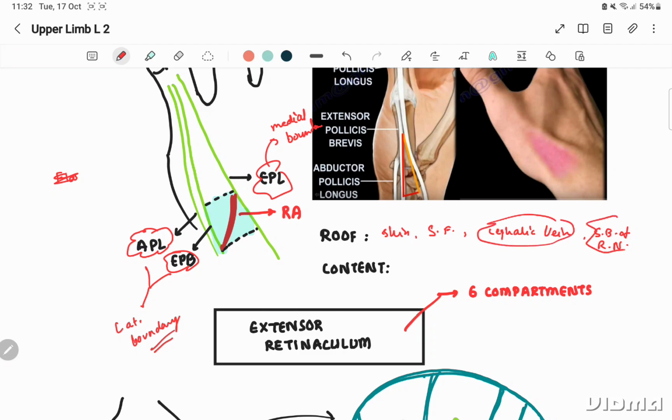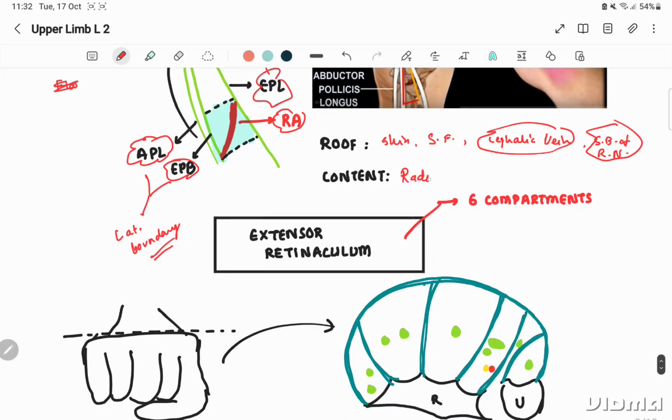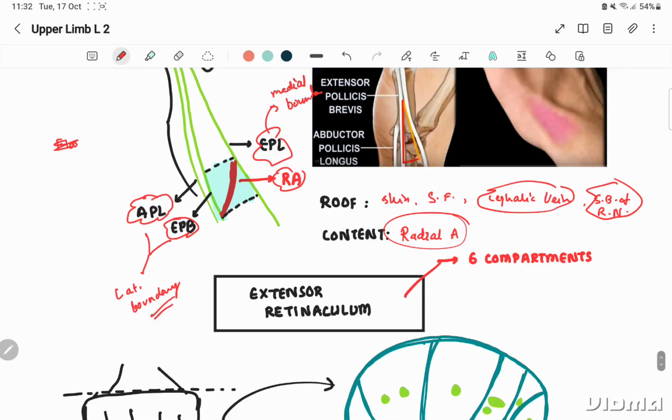These two you must have read in the cubital fossa. So the roof is formed by the cephalic vein and the superficial branch of the radial nerve. Clear? And the content is the radial artery. You can see the radial artery clearly passing.